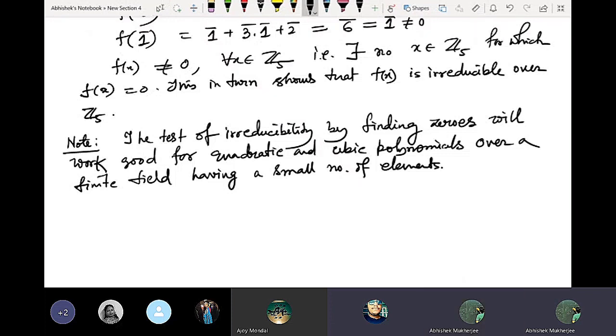So this way of testing irreducibility by finding zeros will work well for quadratic, cubic, sometimes biquadratic polynomials over a finite field having a small number of elements. But it will not work for large fields.